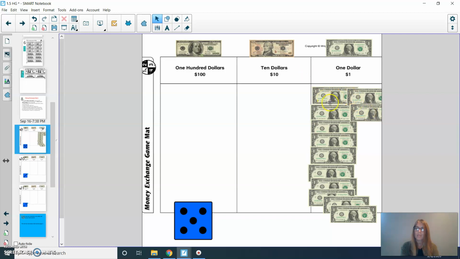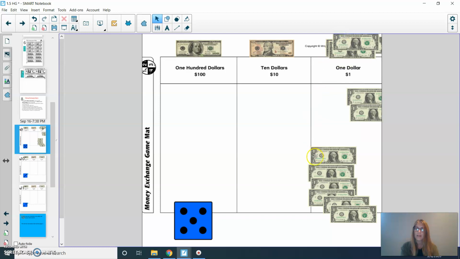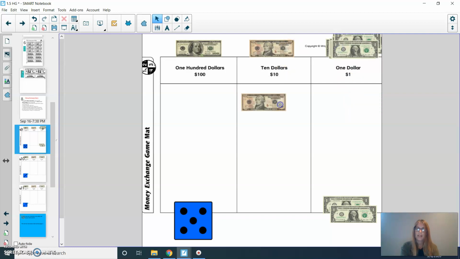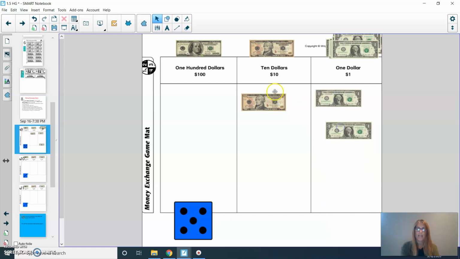Now I'm going to switch 10 of these dollars. I'm going to put 10 of them back, and I'm going to take a $10 bill. Then I can still leave these $2 in my bank. So now I have 10 plus 2. Now I have $12. Now I keep going.